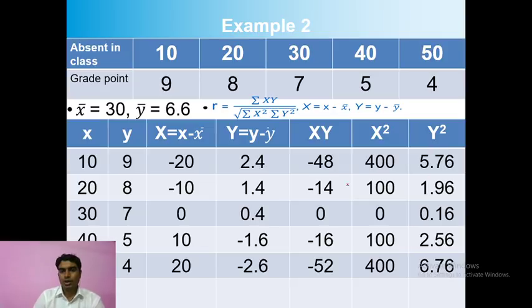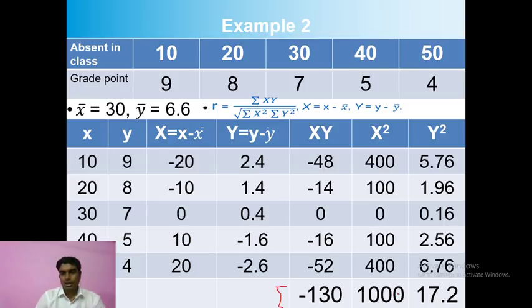Now capital Y square is the square of all these, right? After that I have to find the sum of each column. So I can see that the sum of all the XY is this one, the sum of X square is 1000, and the sum of Y square is 17.2.